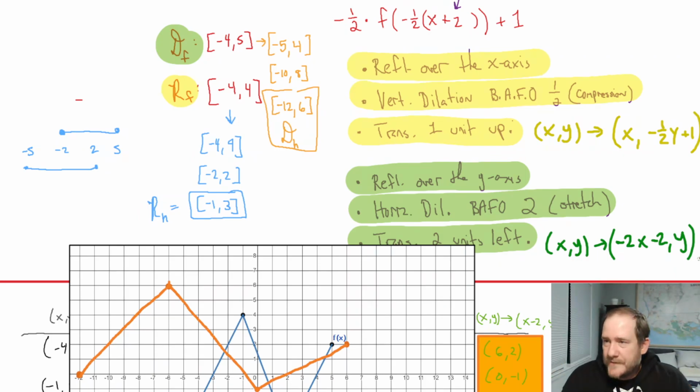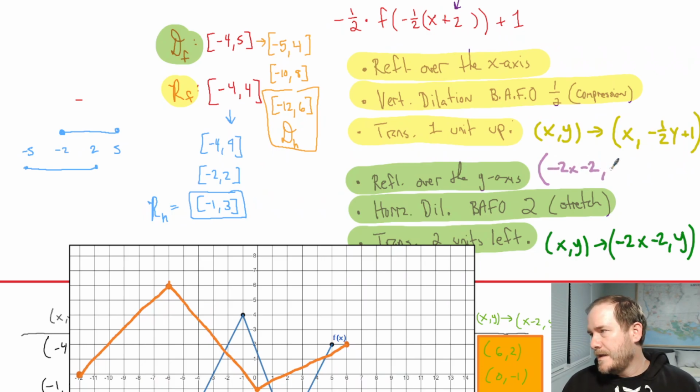And guess what? If you can do the x's and y's separately, then you could really just do the whole thing with one super rule, where the x's all become negative 2x minus 2, and the y's all become negative a half y plus 1. And this one super rule takes your original coordinates x, y, and maps them directly where they ultimately need to go.